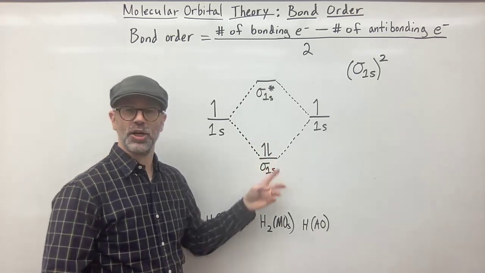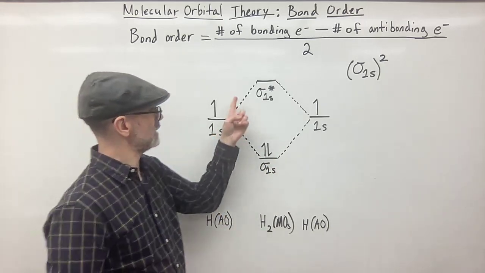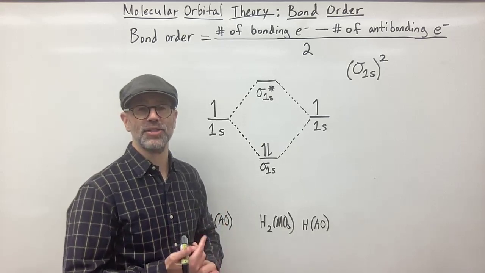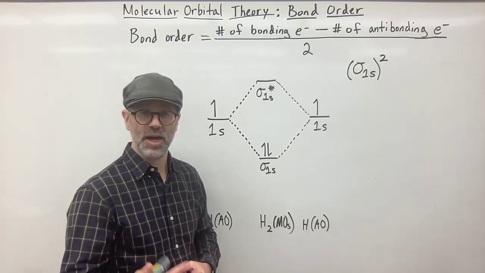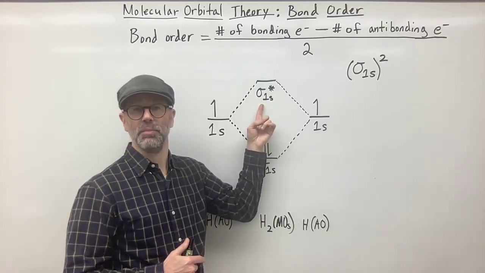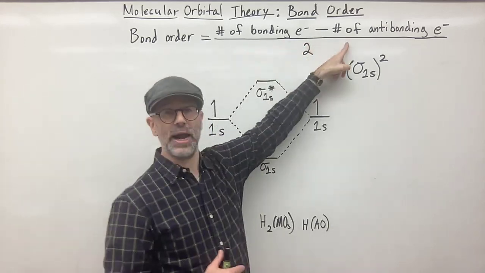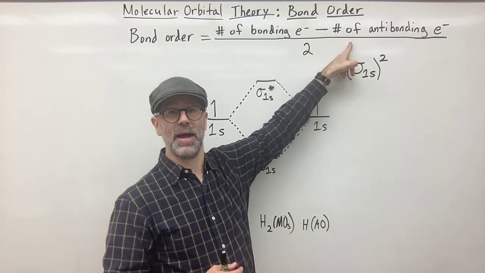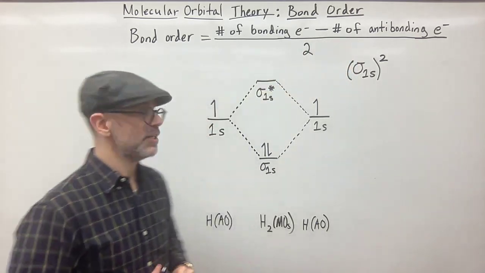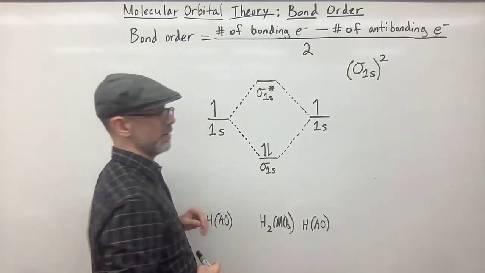There's no star there, so this is a bonding orbital. And then you also have your anti-bonding orbitals. The number of anti-bonding electrons is the number of electrons that you count in your anti-bonding molecular orbitals. So you're basically going to subtract the number of anti-bonding electrons from the number of bonding electrons, and then once you get that difference, you're going to divide by 2.